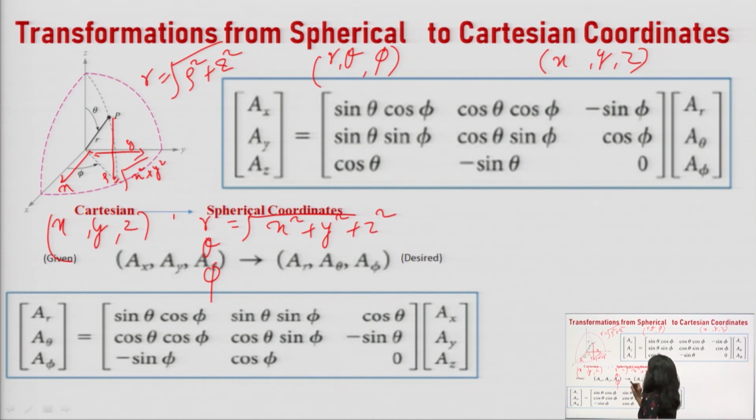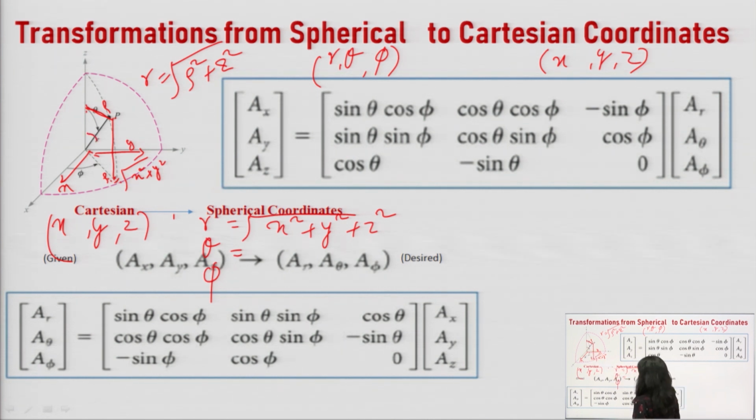Now theta is this angle, and we can write like this. This is rho. If this is rho, this can be rho also, and this is the angle theta. So how to represent theta?